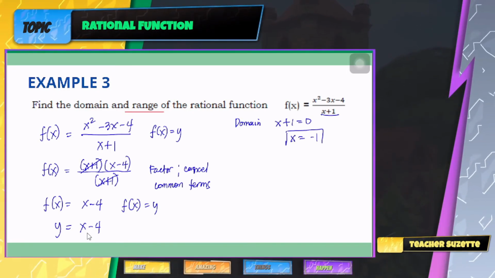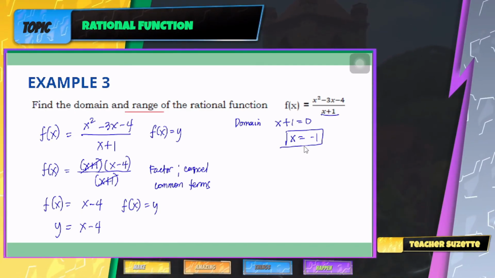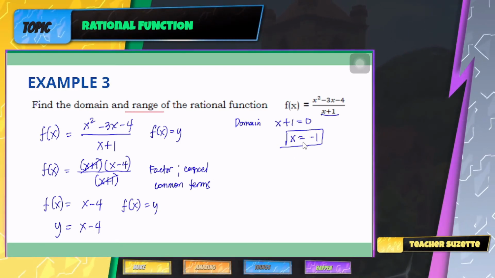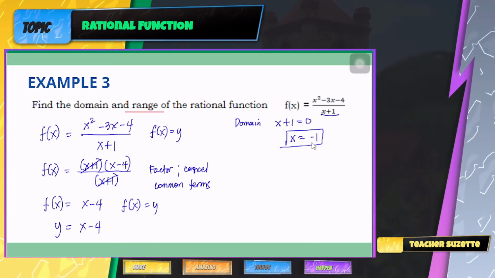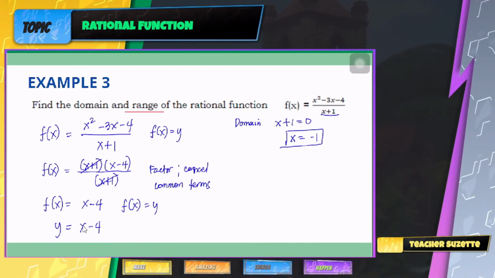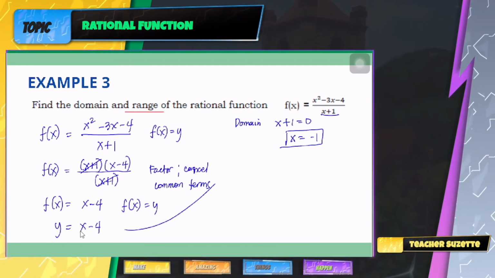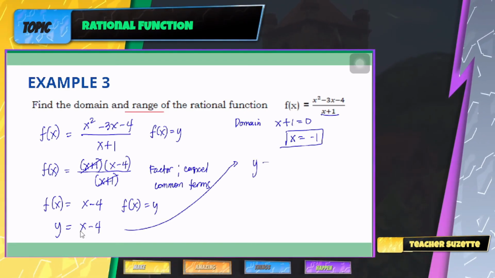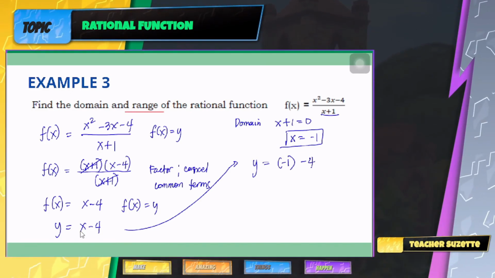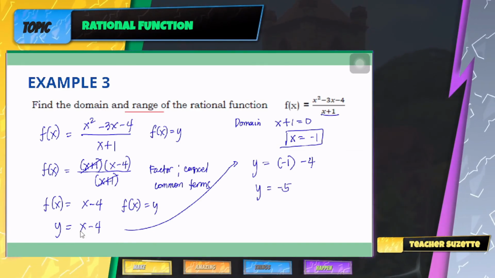So, using our domain, the domain and range have a direct relationship, input and output. We can substitute this x equal to negative 1 value into y is equal to x minus 4. So, y is equal to negative 1 minus 4, which is now equal to negative 5.